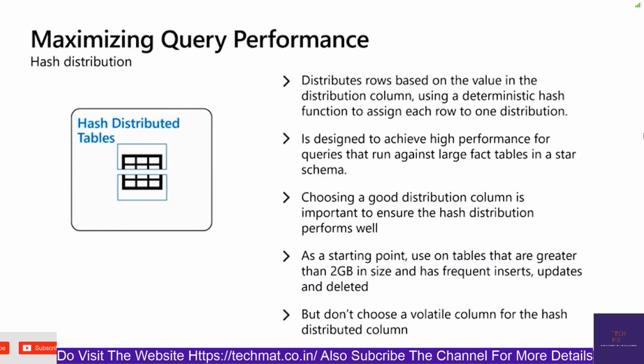Hash distribution distributes rows based on the value of a specific column, and this column is used as a hash. We use a hash function on top of this column to assign each row to one of the distributions.